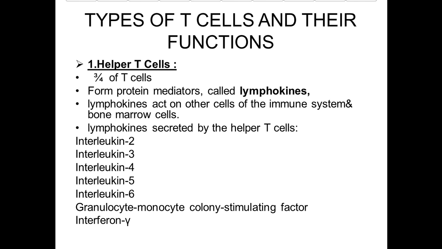Lymphokines secreted by the helper T cells are interleukin 2, interleukin 3, 4, 5, 6, granulocyte monocyte colony stimulating factor, and interferon gamma. They help the cytotoxic T lymphocytes in killing the foreign antigen. That's why they are called helper.